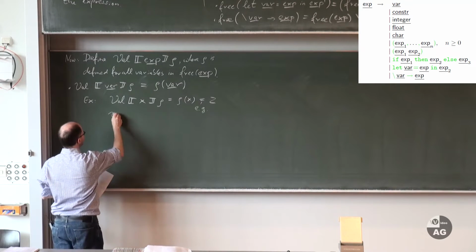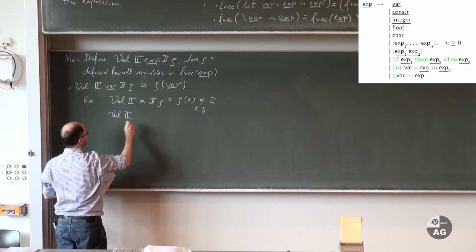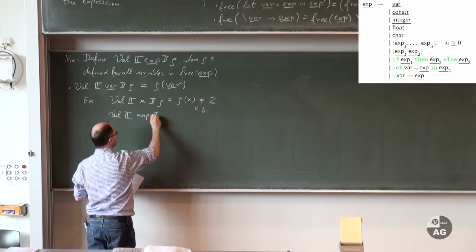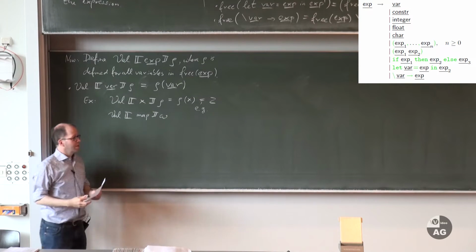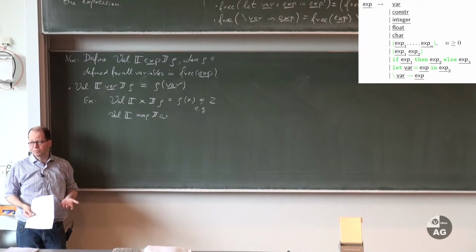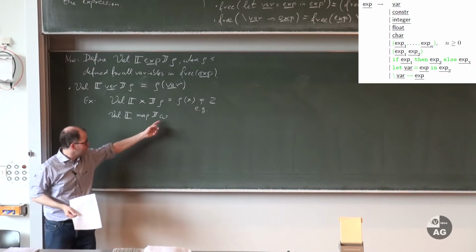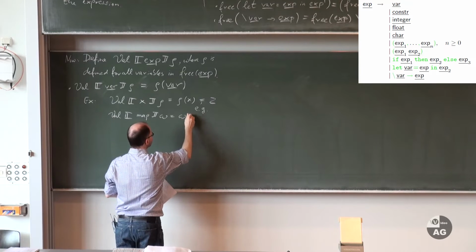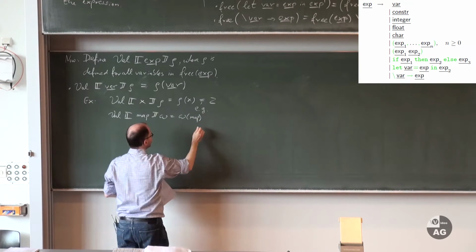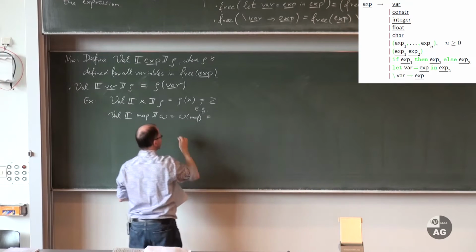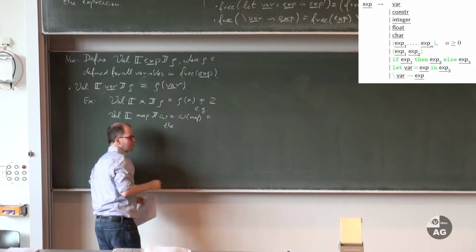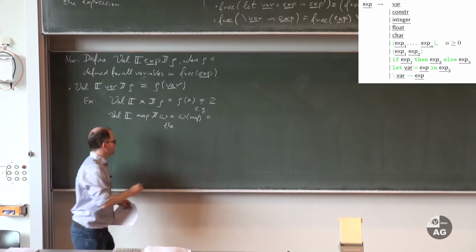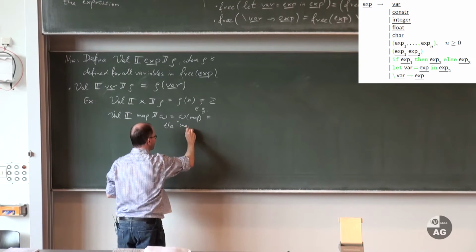Or, for example, if I want to know what is the semantics of map in the initial environment. Now, map is a predefined function symbol, and therefore the initial environment knows what it does. It will be whatever the initial environment tells me about map. And this is the function that maps another function to all elements from a list. So it's the map function.